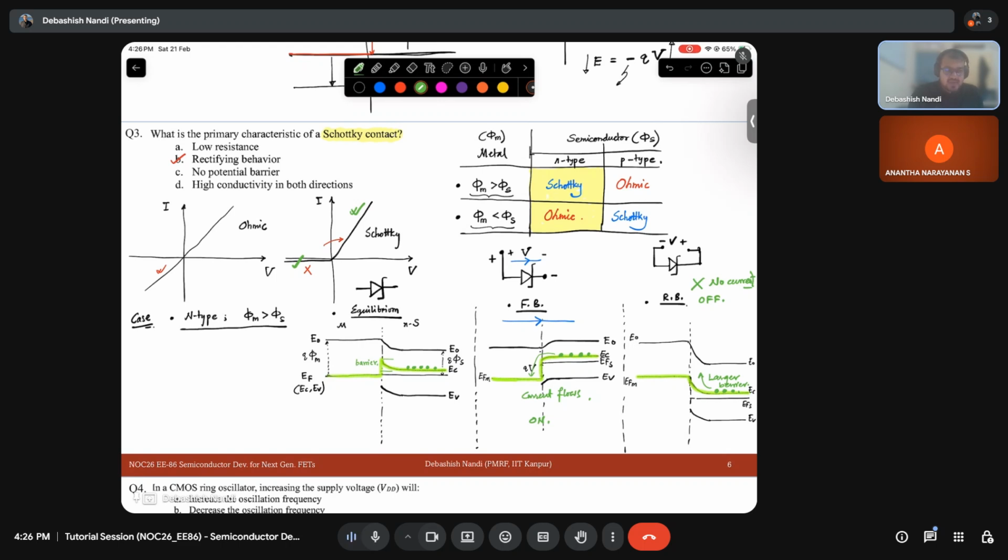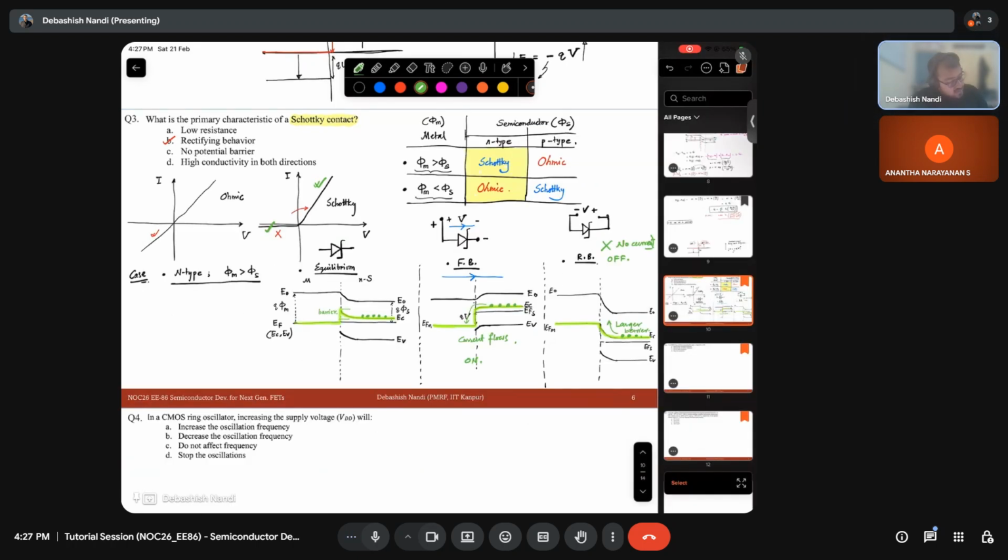Can we have charges inside metal? No, we cannot. That is why in case of metal band bending will be almost zero. You have noticed that I have already drawn the straight line, but in case of PN junctions it is not so. On the P side also you get some band bending in the depletion region. So we note these minute details carefully.